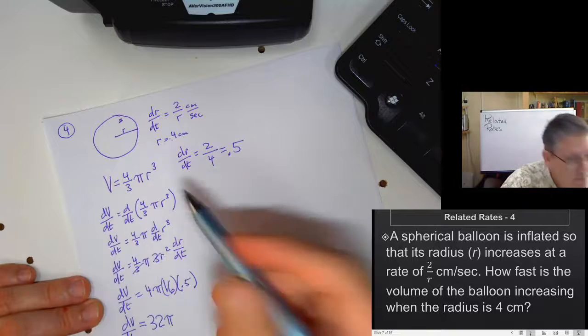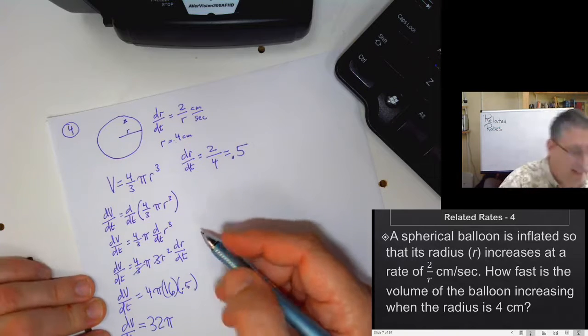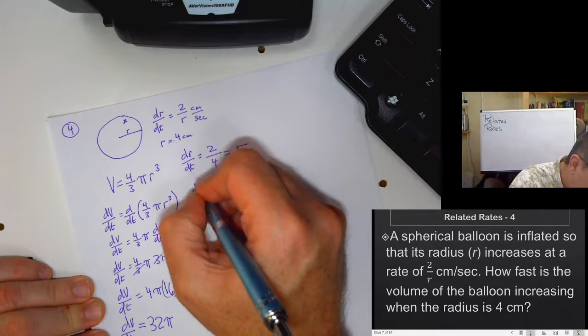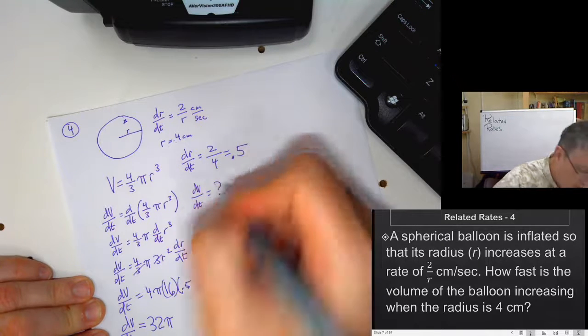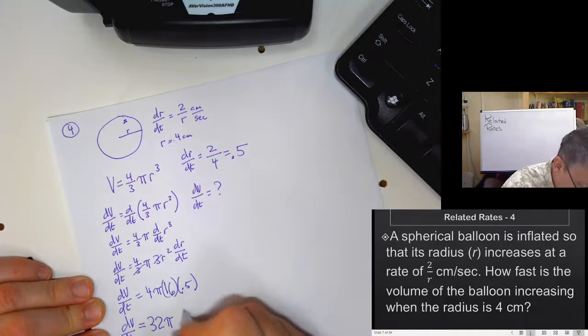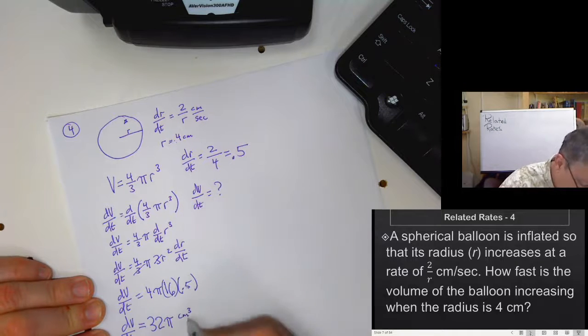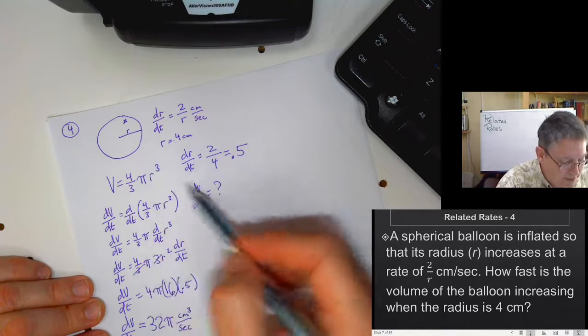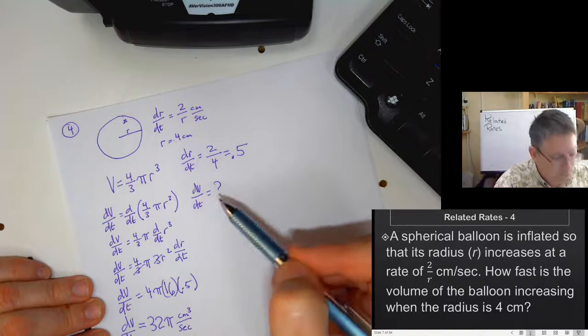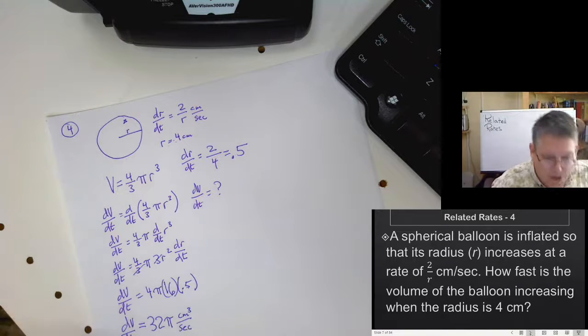It was asking for dV/dt. Bad form again. And volume is in cubic centimeters, so it's going to be cubic centimeters. And we're working in seconds. So hopefully, by this time, I didn't write it up there, but you did anyways, because you're doing the job.